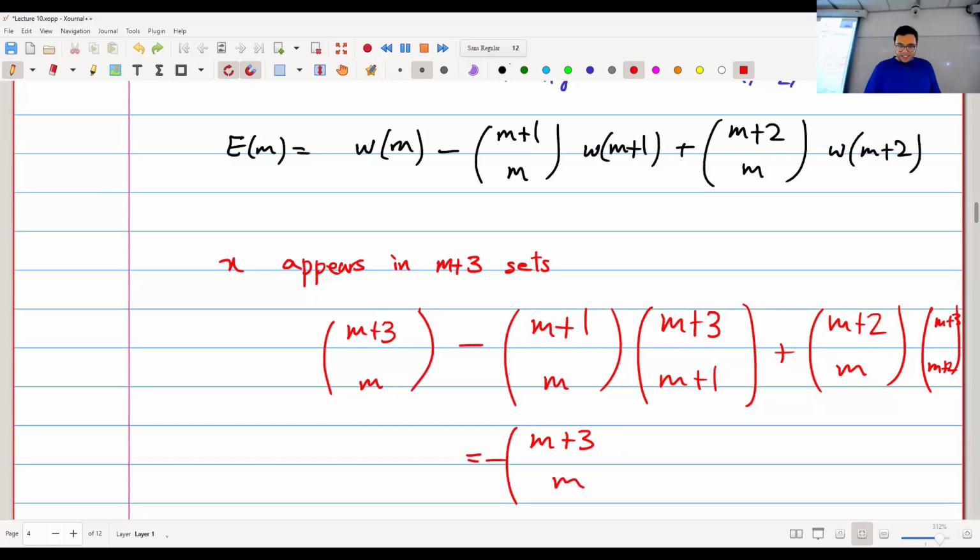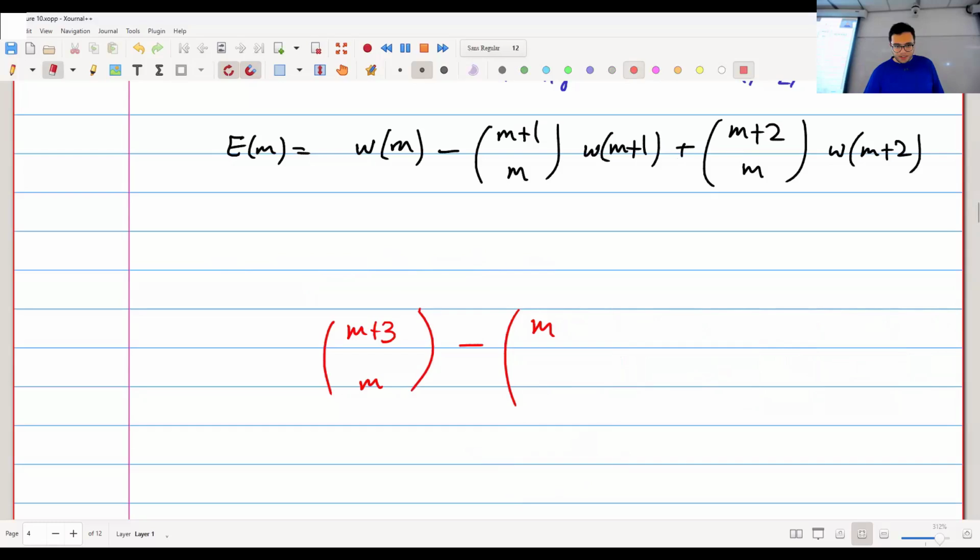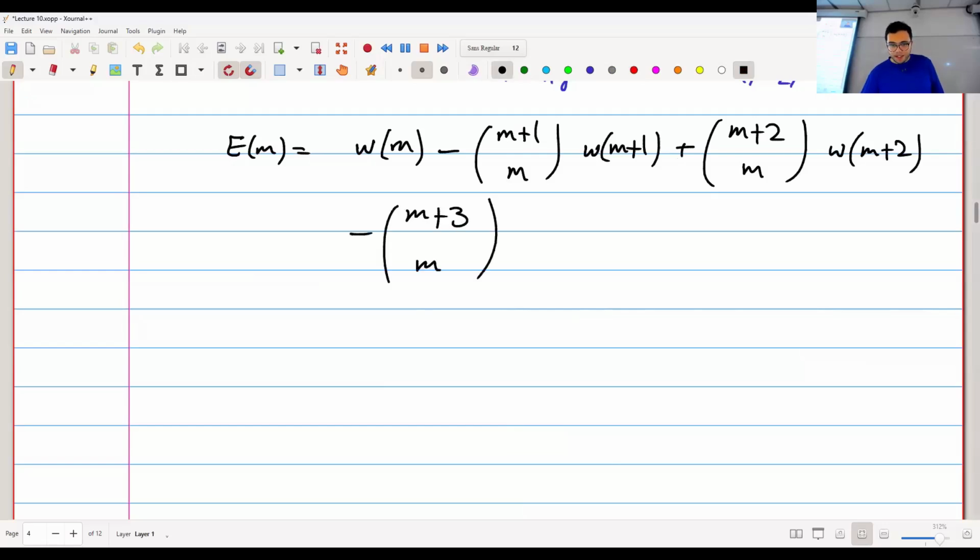So basically, this is what I'm going to have. Let me delete all of this because this is now a longer formula. I'm going to have minus m plus 3 choose m omega of m plus 3. And it just continues like that. So plus m plus 4 choose m, omega of m plus 4, and so on.